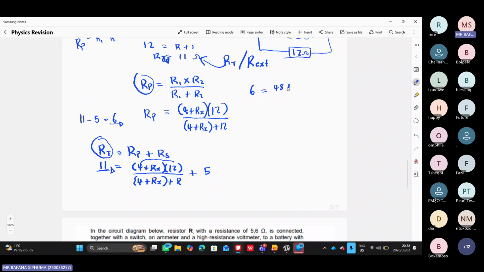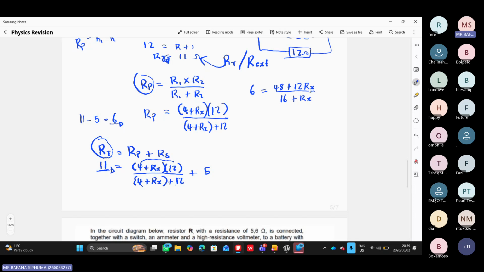So 48 over, underneath the denominator, this one is 12. It's not written properly, this one was 12. Then I'm going to add 4 and 12 and get 16. So it's going to be 16 plus Rx.